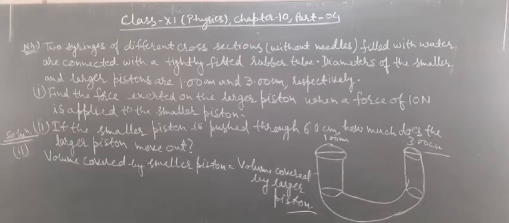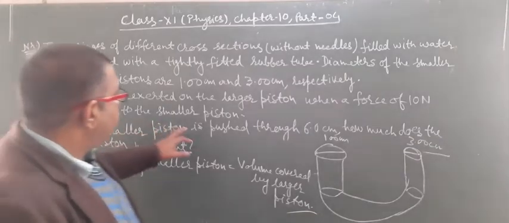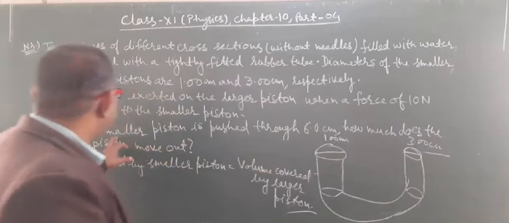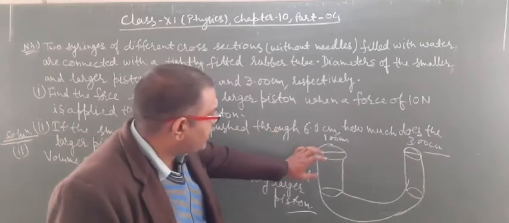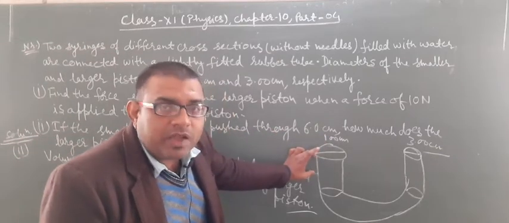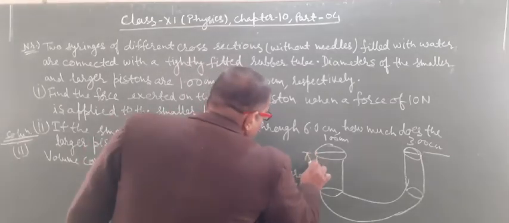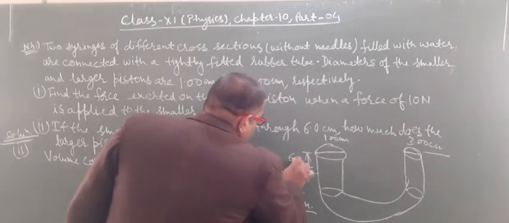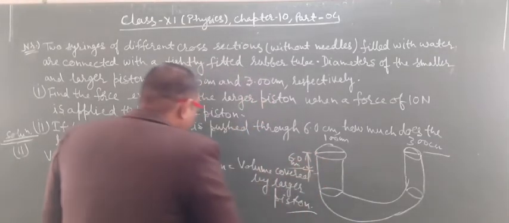Now dear students, the length of the piston you have to know here. L1 A1 is equal to L2 A2, because it is given that the smaller piston is pushed through 6 centimeter. So the value of L1 is given, L1 is 6 centimeter.